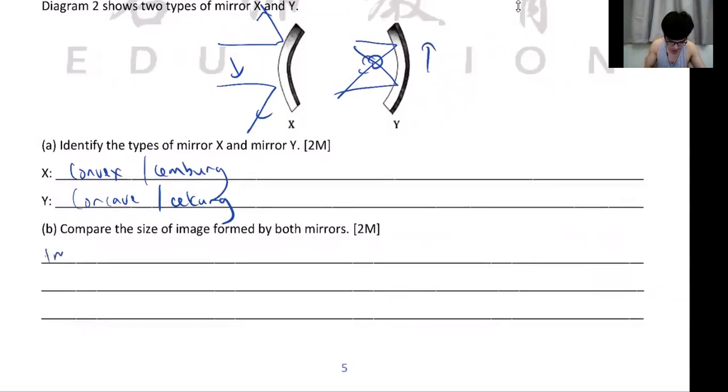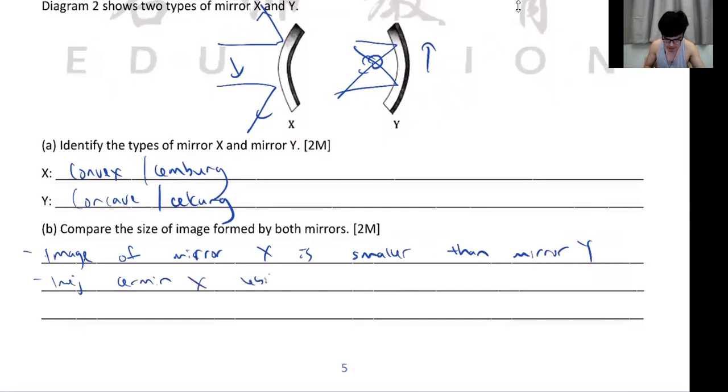So image of mirror X is smaller than mirror Y. Sorry, not lens, cermin. Imej cermin X lebih kecil daripada cermin Y.